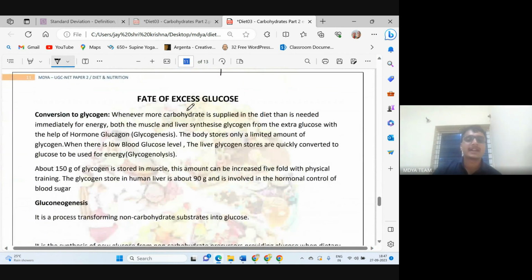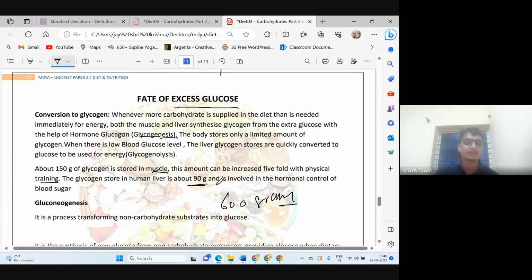Okay, fate of excess glucose. This we already discussed, that is glycogenesis. About 150 gram of glycogen is stored in muscle, and this amount can be increased five-fold with physical training. The glycogen stored in human liver is about 90 gram. So overall, I have told you it's around 600 grams that our body can accumulate as glycogen.